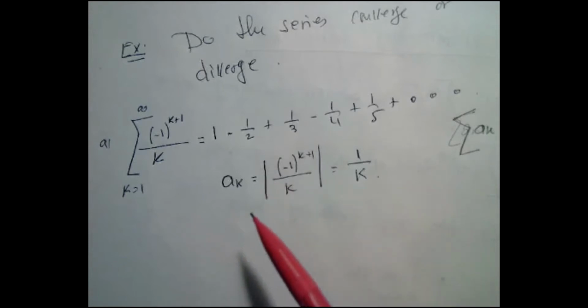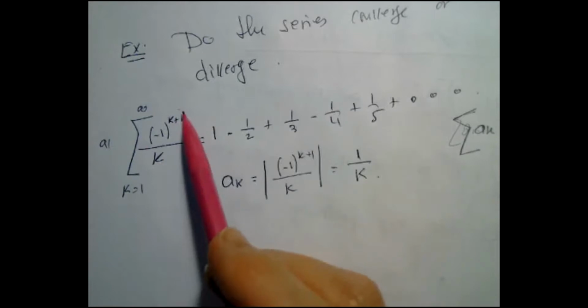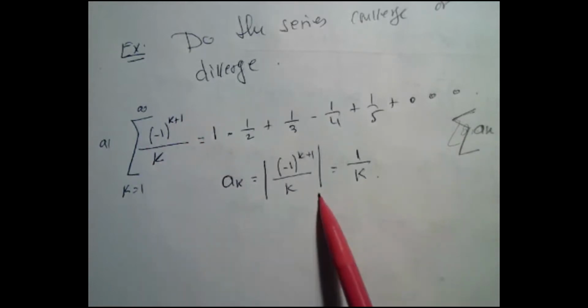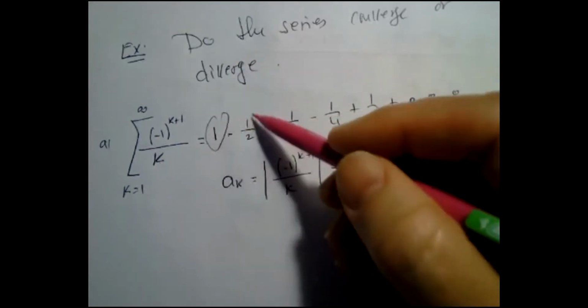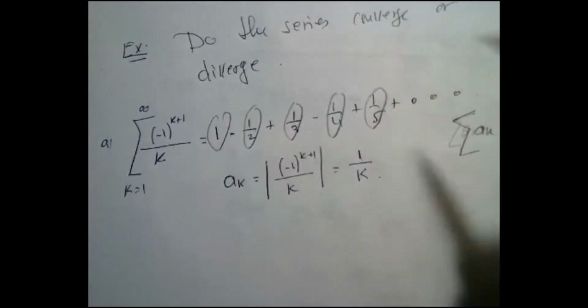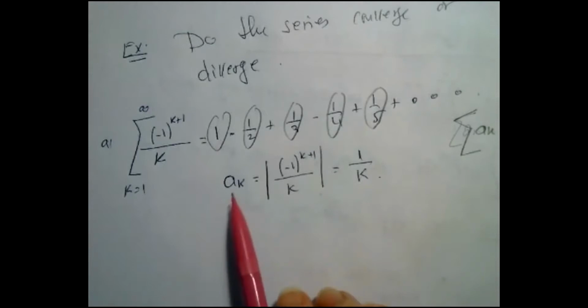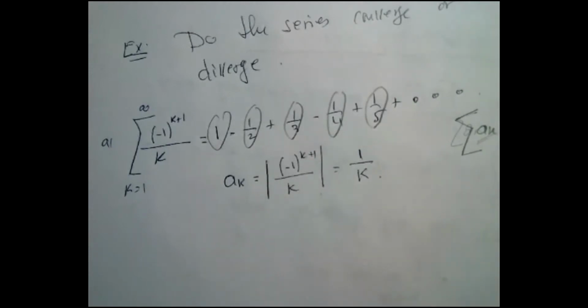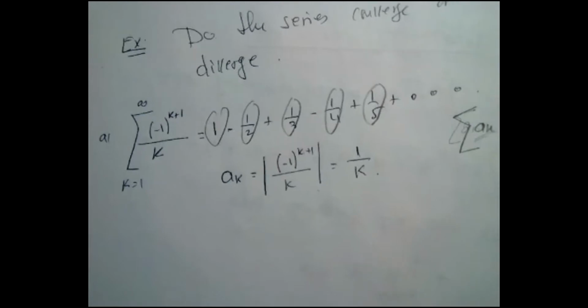For the alternating series, the book is using AK not for the term but for the absolute value. This is A1, A2, A3, A4. Some other books call it BK to distinguish them, but not this book. All right, so these are the AK.